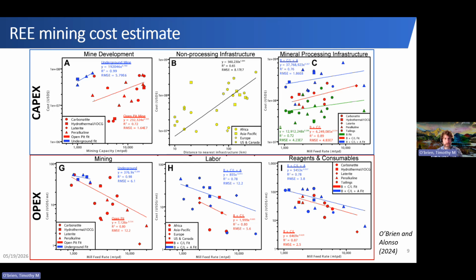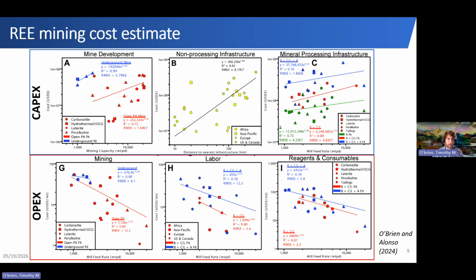And so this led me to developing my own cost model for rare earths. And these are some of the regressions that came out as a result. I dug through all those feasibility studies again and took out all the capacity data, which is on the x-axis of each of these, and then the cost information, which is on the y.